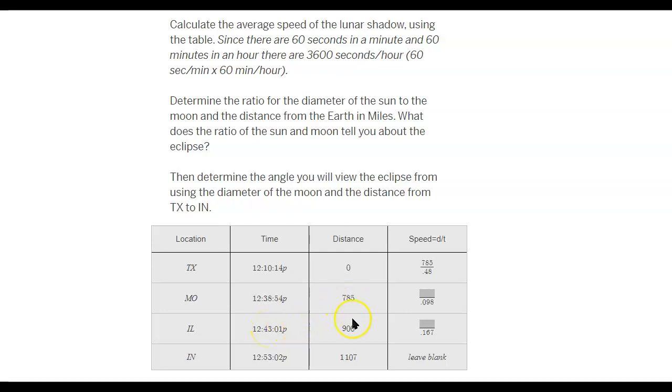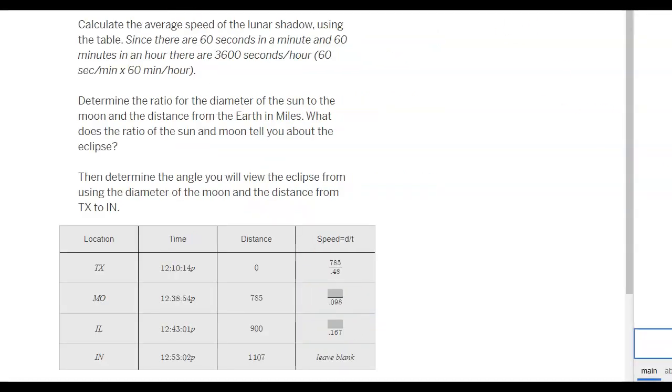Now we're going to go from Missouri to Illinois. So from Missouri to Illinois is 785 miles and then 900 miles. So 900 subtract 785. Let me go ahead and plug this into the calculator here. 900 subtract 785 is equal to 115.